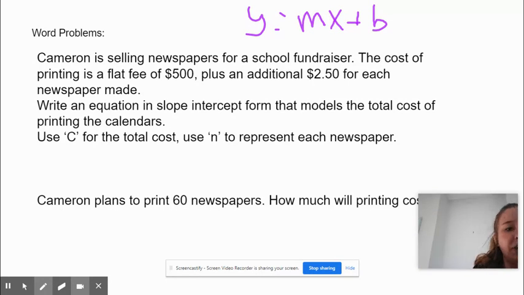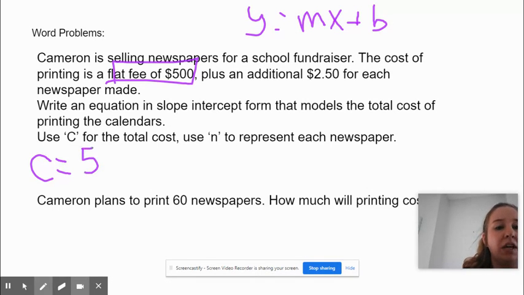So first we're going to say the total cost is going to equal, well, first we have to think, there's this flat fee of $500 that has to get paid no matter what. So even if they don't do anything, it's going to be $500 plus any additional cost per newspaper, right?